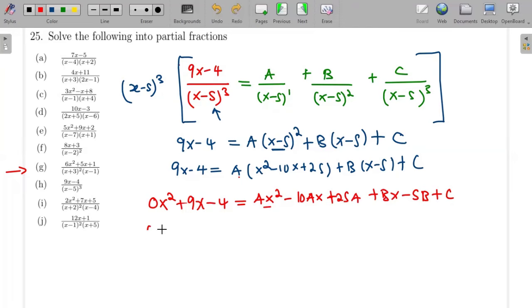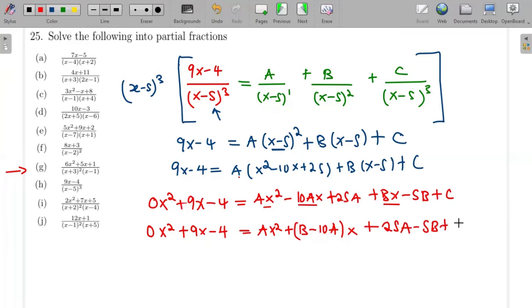So it will be 0x^2 + 9x - 4 equals ax^2, and then the terms with x, I'll put them together: (b - 10a)x, and then those that do not have any x: 25a - 5b + c.